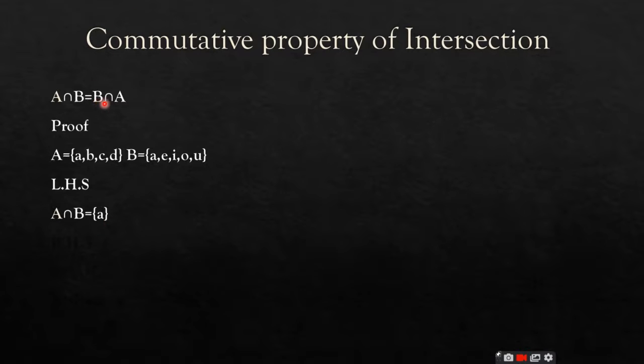Now we have to find the right hand side, which is B intersection A. Again in B intersection A, we just write only the common element from both sets, and A is common, so we write A in B intersection A. So you can see that both sides are equal. So A intersection B is equals to B intersection A. This is the commutative property of union and intersection.